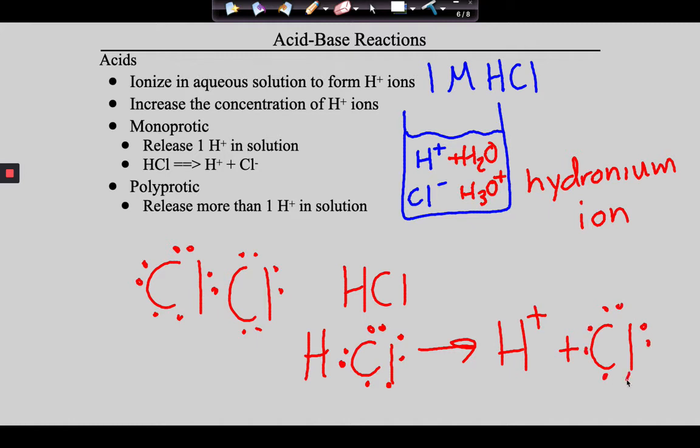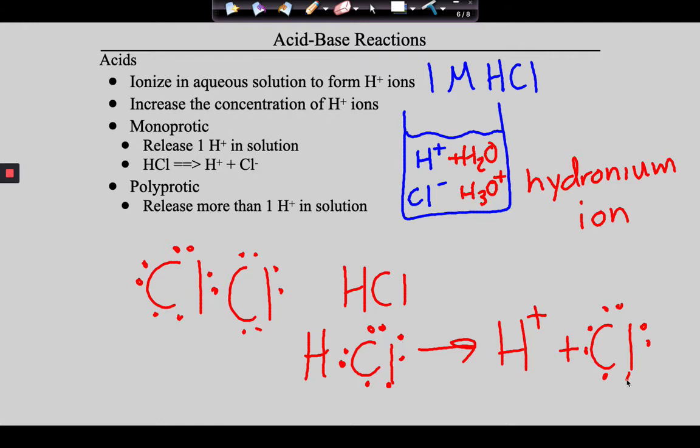So this is no longer chlorine, it is now chloride. And chloride as an ion has its valence shell satisfied with the electron that came from the hydrogen. Because this thing is satisfied, it is no longer electron hungry, and it doesn't become diatomic.